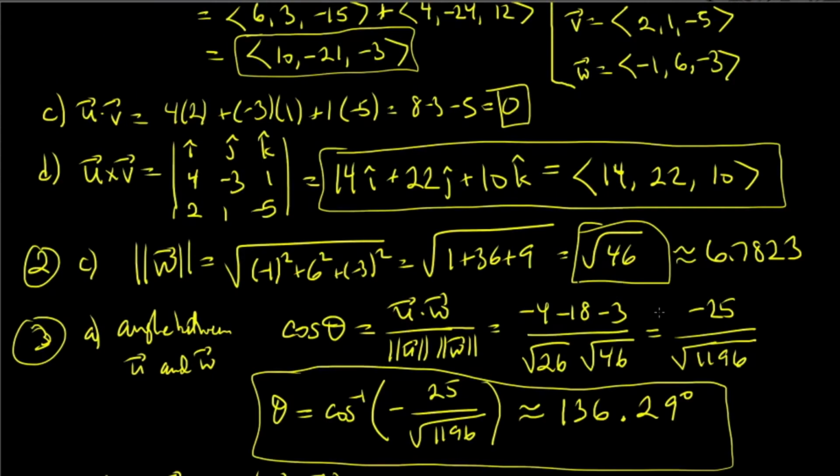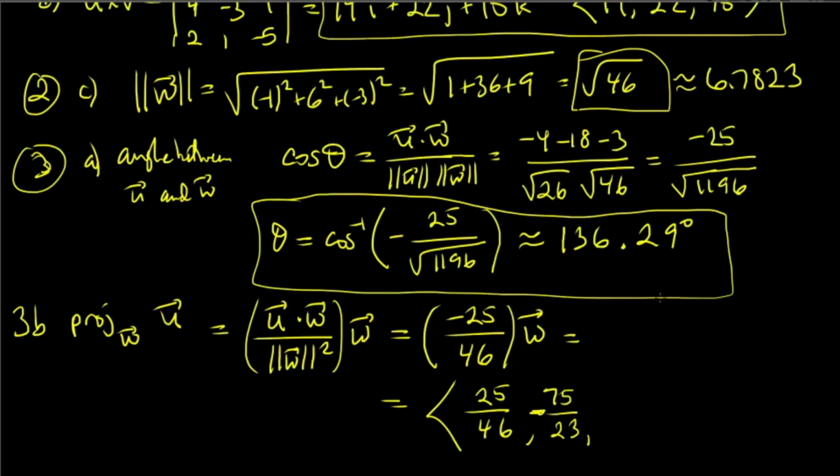And the last component is negative 3 times negative 25, so that's 75 over 46. I hope I did that right. That's the projection of u onto w.